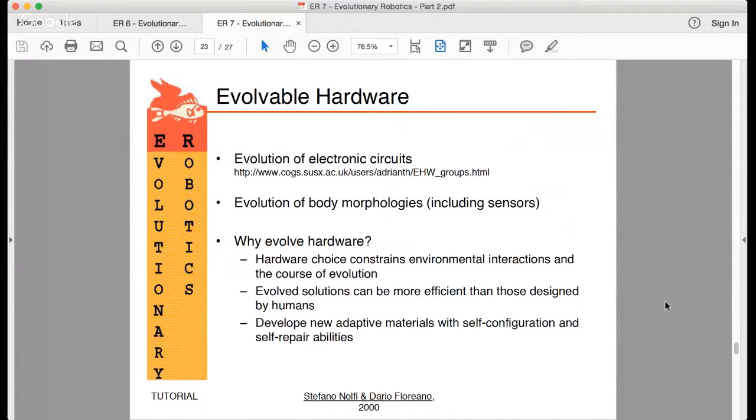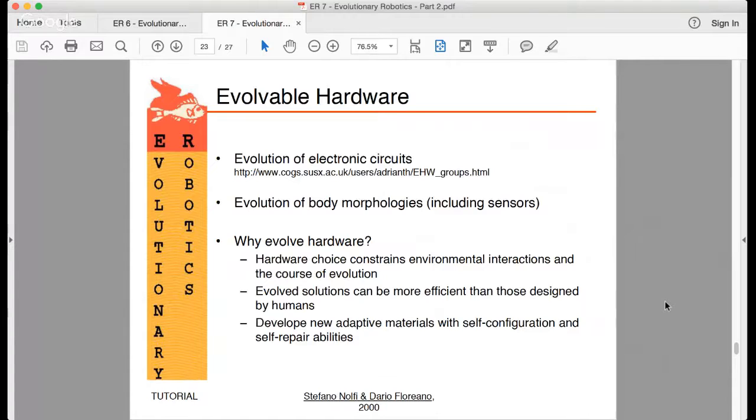Next, we have, that's also my second favorite topic, which is evolvable hardware. Evolvable hardware could be evolution of electronic circuits or evolution of body morphologies, including sensors, of course. So why do we need to evolve hardware? Hardware choice constrains environmental interactions and the course of evolution.